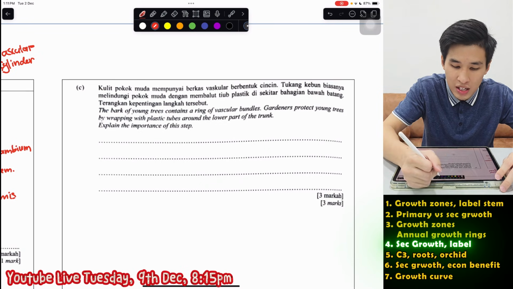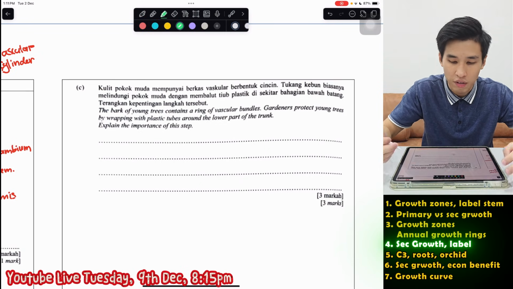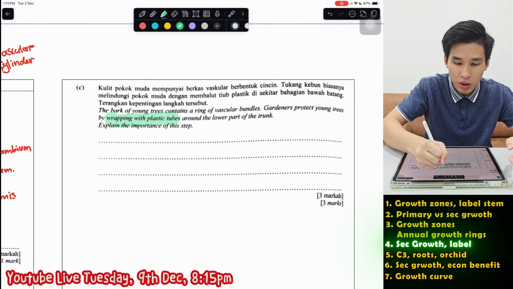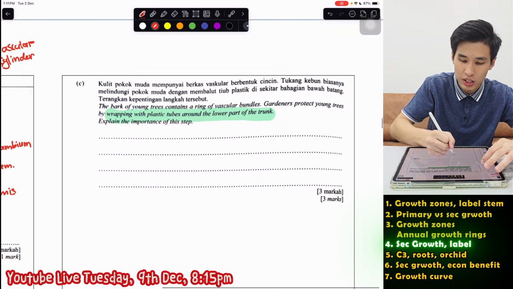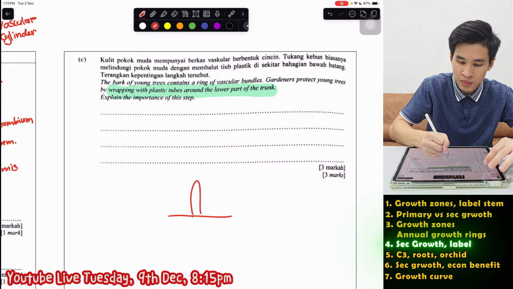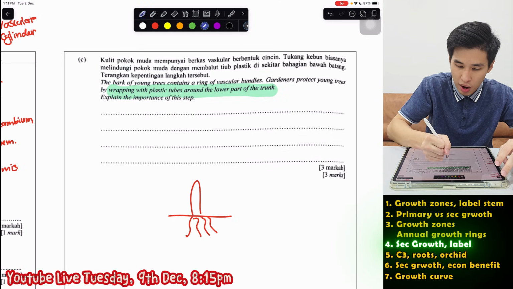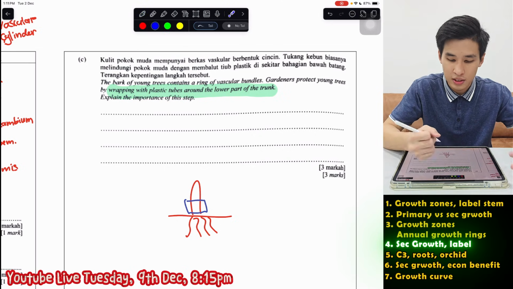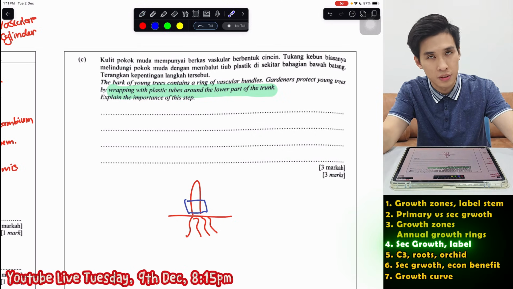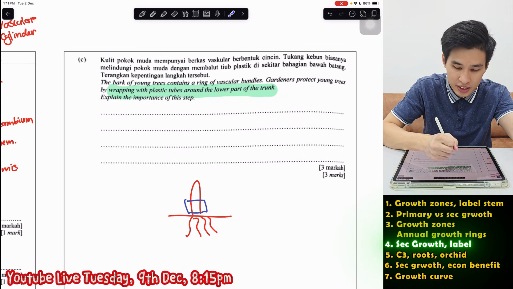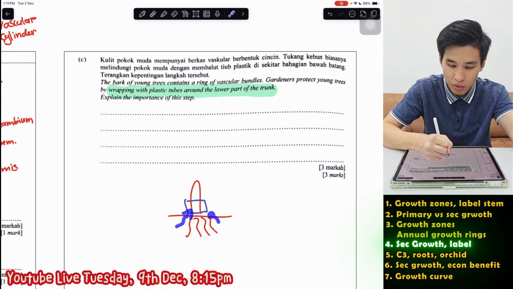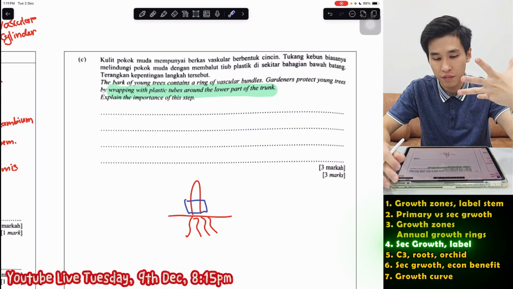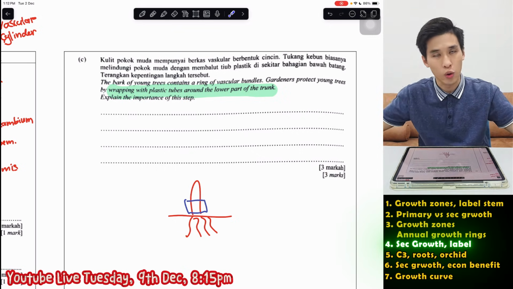They say the bark of young trees contains ring of vascular bundles. Gardeners protect young trees by wrapping plastic tubes around the lower part of the trunk. So let's say here is a plant. They say I use a plastic bag to wrap like this part here. Now, because young plants have softer stems, insects, since they're closer to the ground, might bite the plants, damage the xylem, damage the phloem, so it could affect transport of water and also organic substances.